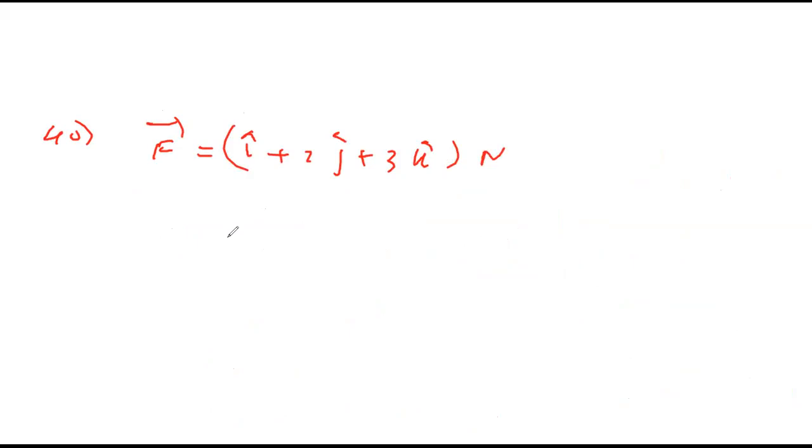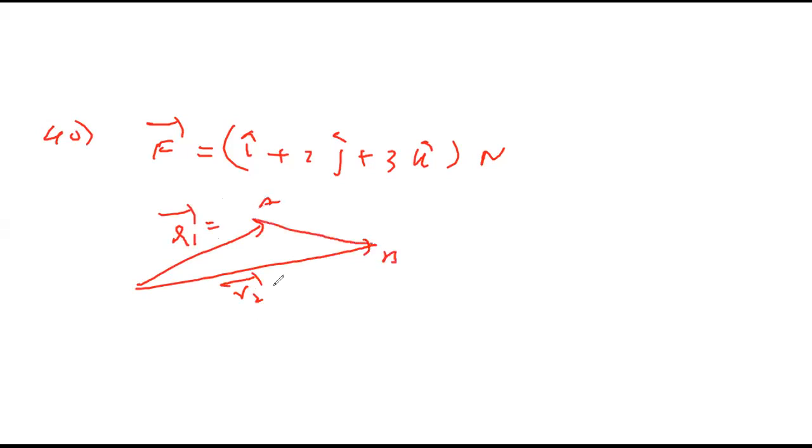It displaces the body from A to B. Position vector for A is R1 and for B is R2. Find the work done if the body is displaced from A to B, and the position vectors of A and B are given. So this is net displacement.